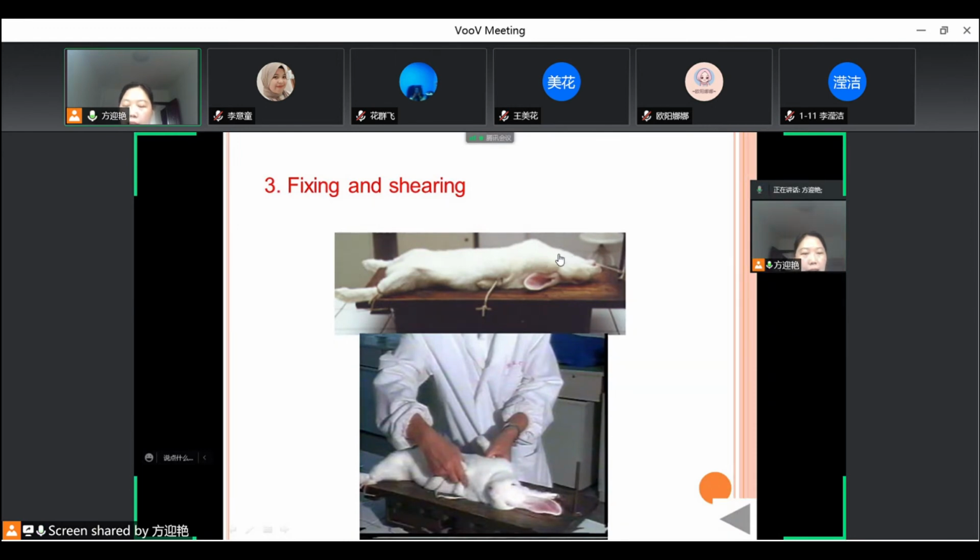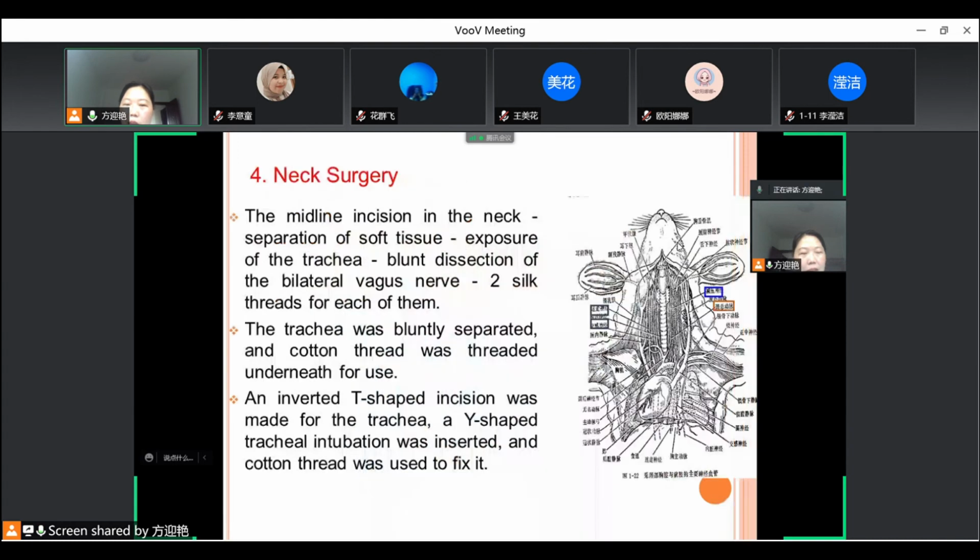We cut the skin of the neck along the middle line. After cutting the skin, we first separate the soft tissue, and we can see the muscles. Then we expose the trachea.